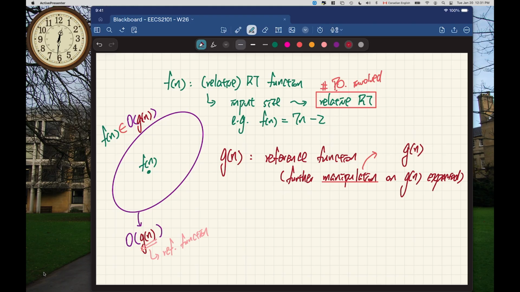I'll write it down for now. So it's going to be c. I'm pretty sure you know that maybe from your linear algebra or calculus course, if you consider g of n versus c times g of n, what's the difference?